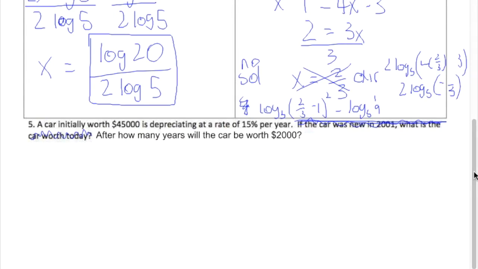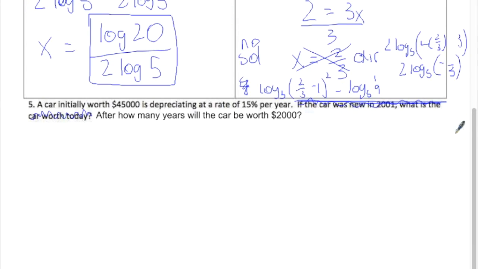All right, here. Your teacher is dumb and wrote the wrong problem. What he meant to write was, after how many years will the car be worth $2,000? So what we have here is one of these exponential word problems. But what's different is instead of solving for the final amount, what we're solving for is the time, which is the exponent.